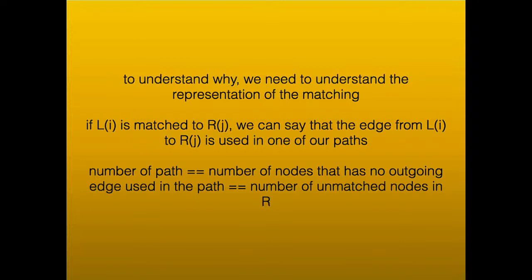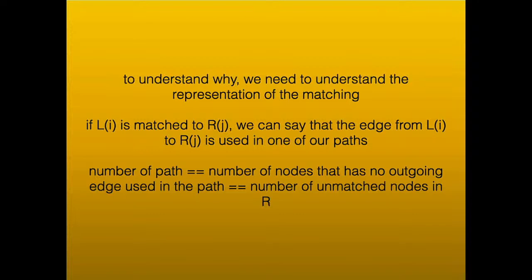Then this matching represents this path, this and this. Every time there is a node that is not matched, like 4 and 5 here on the left, this means that this is the end of a path. And the number of paths is simply how many path ends there are, so n minus the number of matchings.